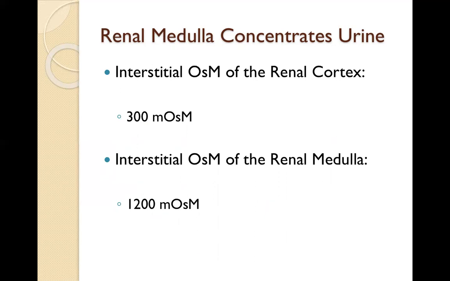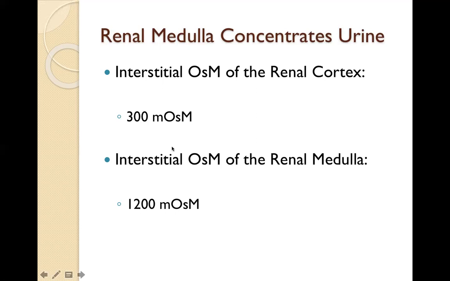But before we go through that, we have to look at the way that the kidney will concentrate the urine. And you have to look at the renal medulla compared to the renal cortex. If you look at the osmolarity of the renal cortex, how much solute is in there, it's about 300 milliosmoles. That 300 milliosmoles is exactly the same as our blood osmolarity.